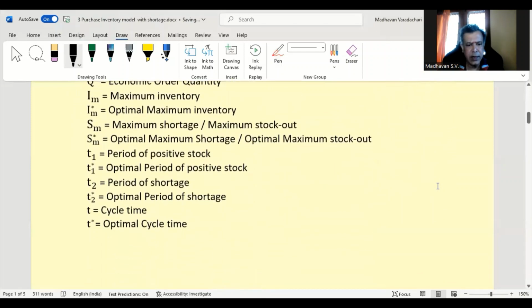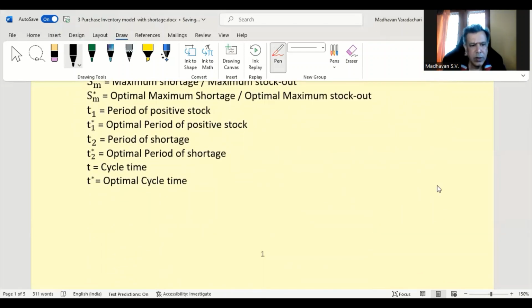Based on this understanding, we can now compute the total cost, TC, or I can say the annual total cost. That is nothing but annual ordering cost plus annual carrying cost plus annual shortage cost.